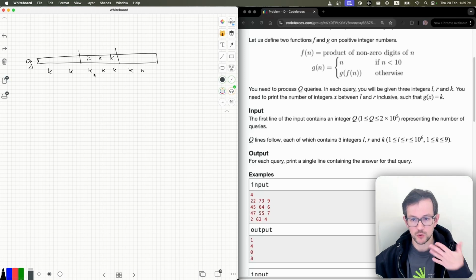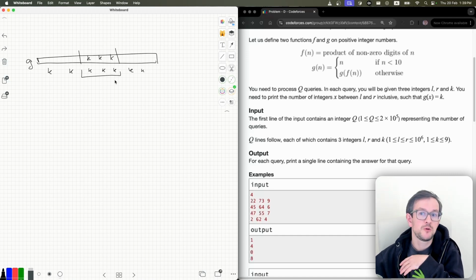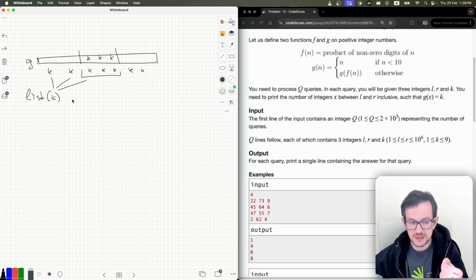Now for this container, you need to look for values in your segment. You can do it using binary search. So you can put all these positions in specific arrays, like a list for k, which contains all positions of value k. Then in this list, you look for all positions in a given segment using binary search, find the number of elements, and that's it.